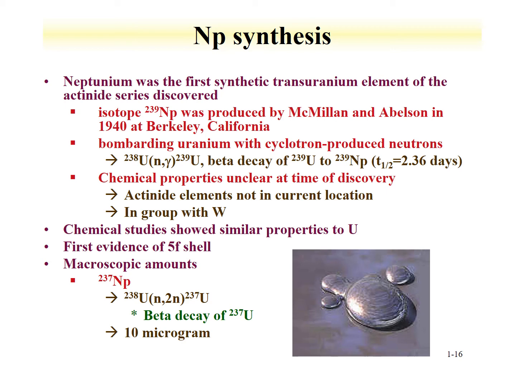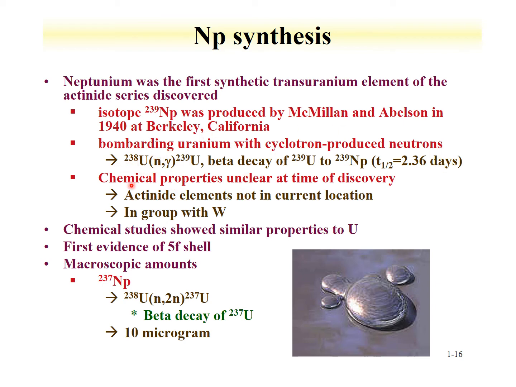So neptunium would be the next element that's synthetic, and it was the first synthetic transuranic element to be discovered. The isotope neptunium-239 was produced by McMillan and Abelson at UC Berkeley in 1940. They bombarded uranium with cyclotron-produced neutrons.